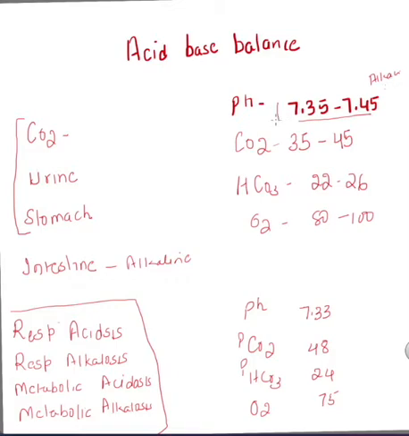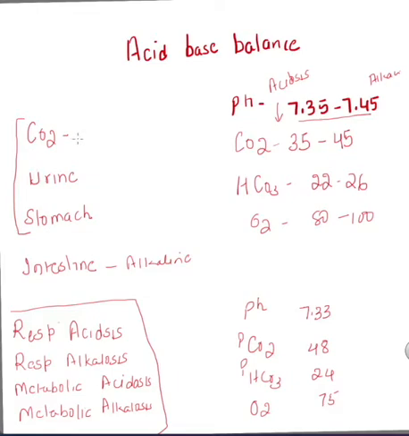If the pH is below 7.35, this person will be in acidosis. So it's acidosis if it is below 7.35, and if it is above 7.45 it is alkalosis.